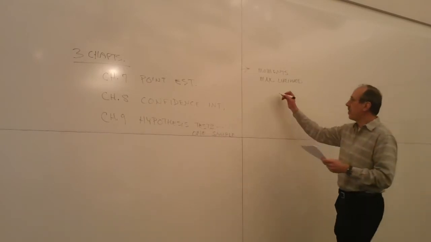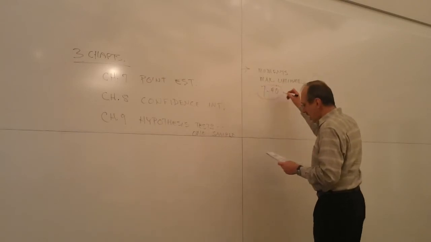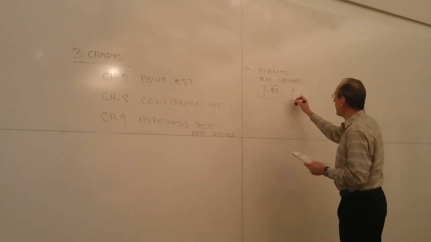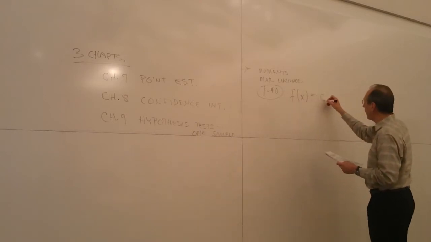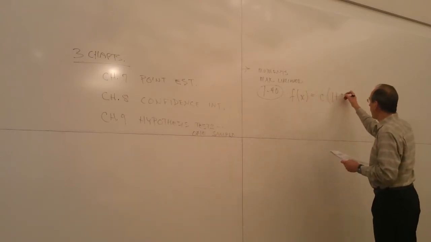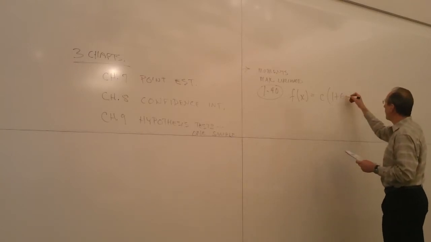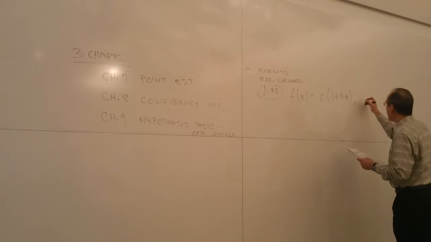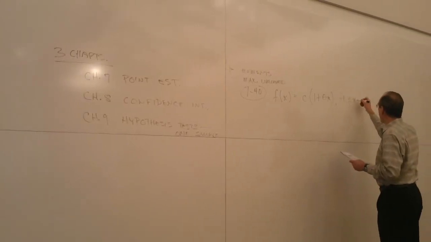So, problem 7-40. And we've got a probability density function that looks like c times (1 plus theta times x), defined on the interval from -1 to 1.